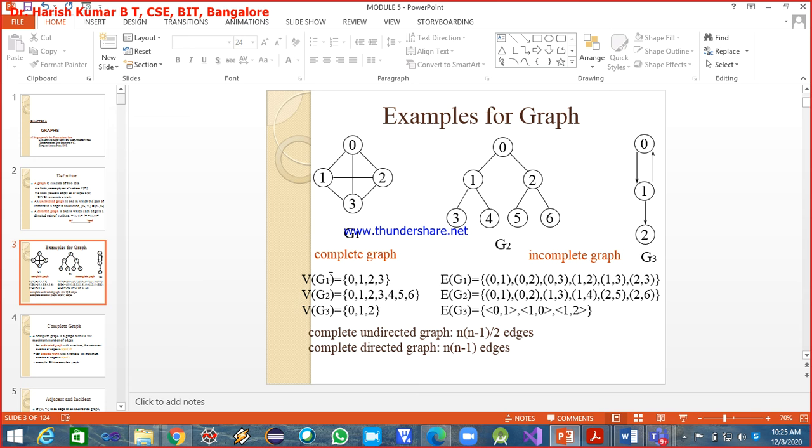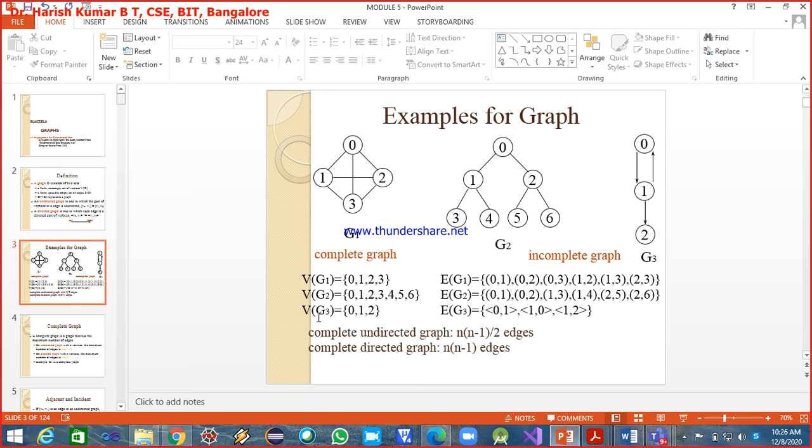These are all the vertices of G1. For the edges of G1, since it is an undirected graph, we use the notation of unordered pairs: 0,1; 0,2; 0,3; and then 1,2; 1,3; 2,3. Similarly, these are all the vertices of the graph G2, and for the edges of G2 we again use the unordered pair notation, since it is an undirected graph. All the edges of G2 are listed.